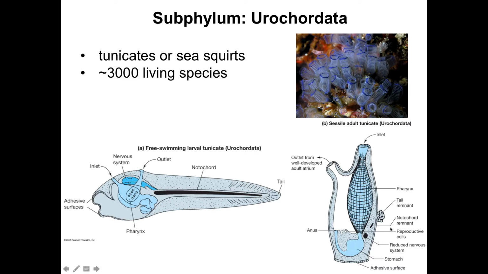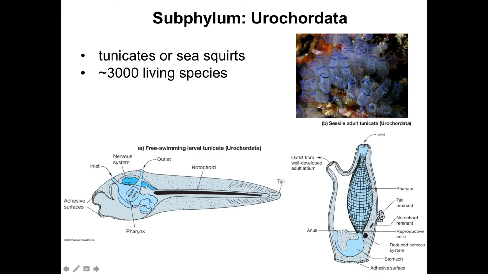However, this doesn't look much like a vertebrate, right? Or like a chordate, sorry, because they're not vertebrates. They're chordates. So where are these features that we talked about that all chordates share? Well, they're found in the free-swimming larval stage of tunicates, of urochordates. So here's a free-swimming larva, and here's the notochord, post-anal tail, the dorsal hollow nerve cord, the pharynx slits in it, and the endostyle is there as well.